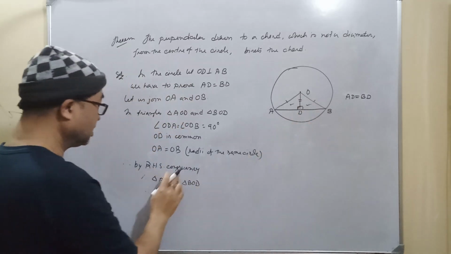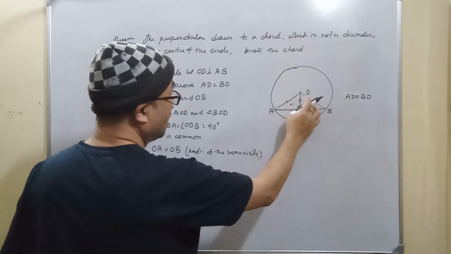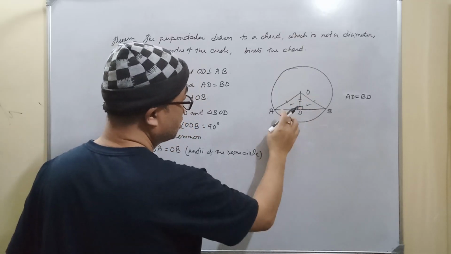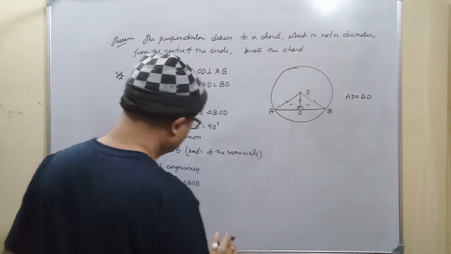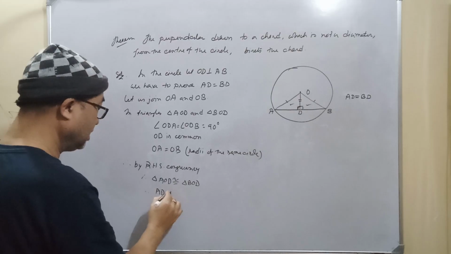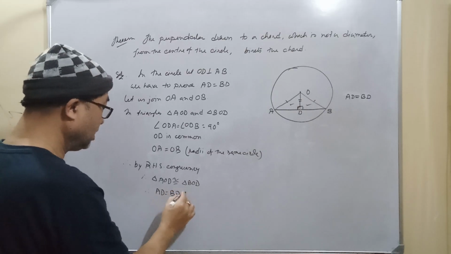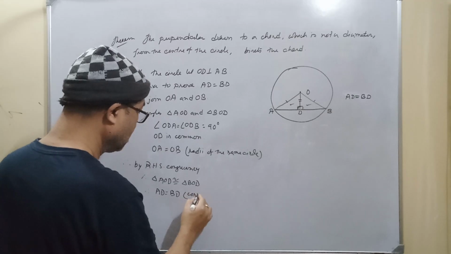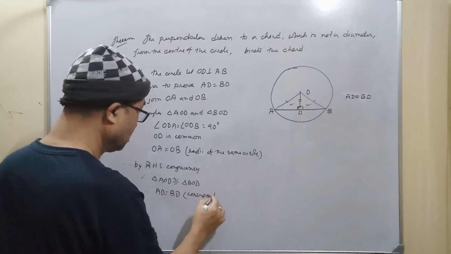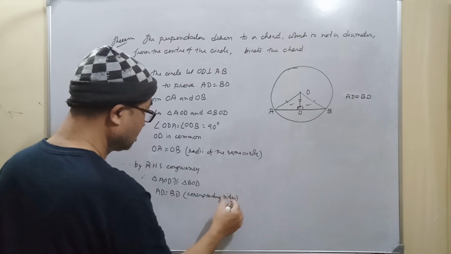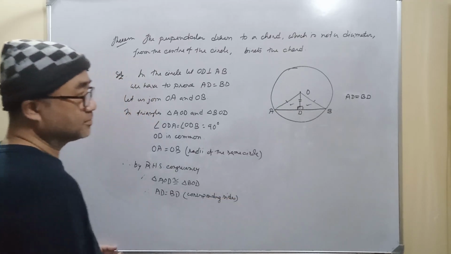So by this congruency, these two triangles are congruent. And since they are congruent, their corresponding sides are equal. Hence, AD is equal to BD. Reason? Corresponding sides.